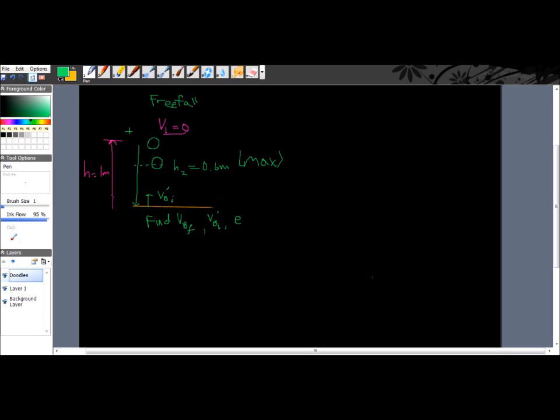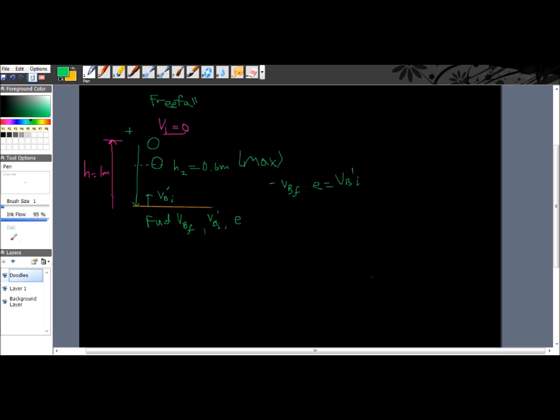So let's find those velocities, and then we can find the coefficient of restitution, for which for this problem we're going to have negative VBF times E equals VB prime I.